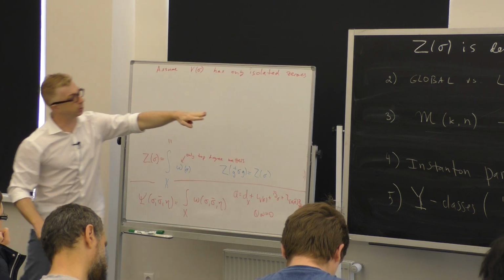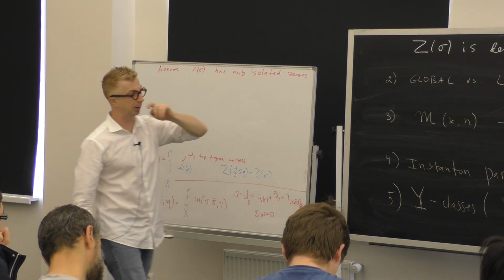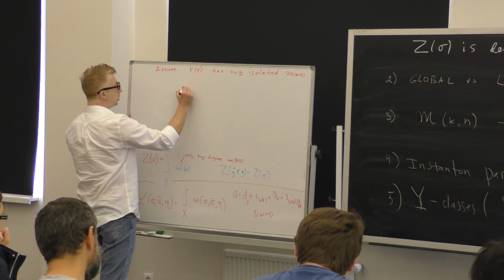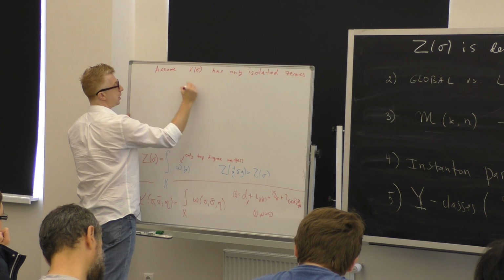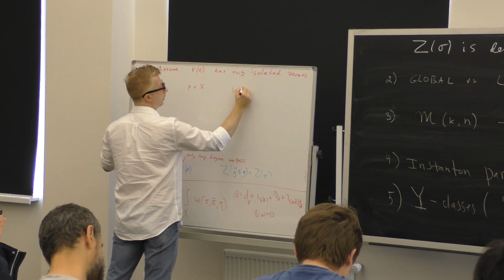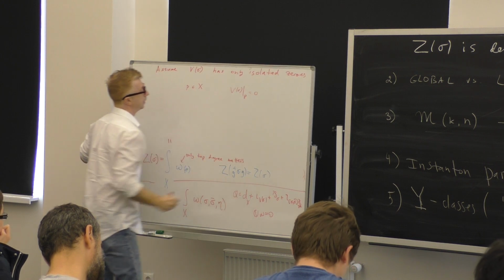I mean, it doesn't have to be. From this you can easily generalize to the case when the zeros are not isolated. So at each zero, let p be such a zero. So v of sigma at p equals 0.